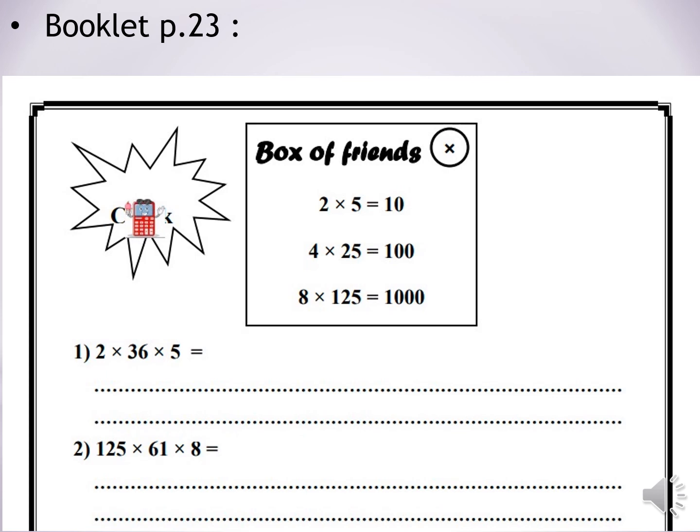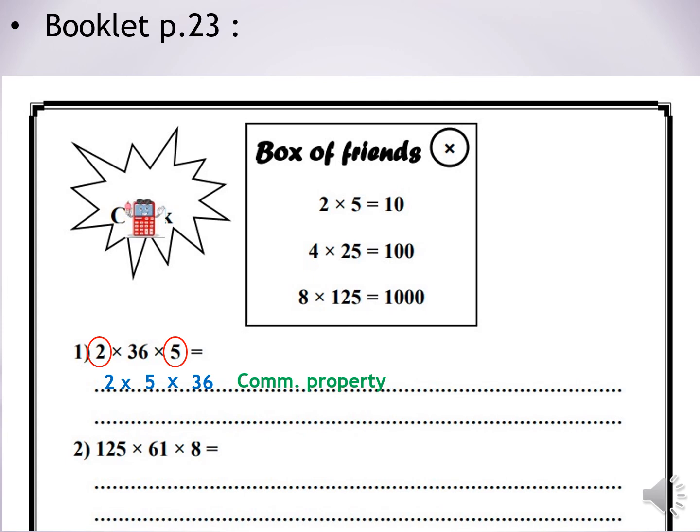I have 2 times 36 times 5. So which of these three numbers are friends? 2 and 5 are friends. So I will put them beside each other: 2 multiply 5 and then multiply 36. This is called what? Commutative property, as I just changed the places of the numbers. Then I want to use the associative property.